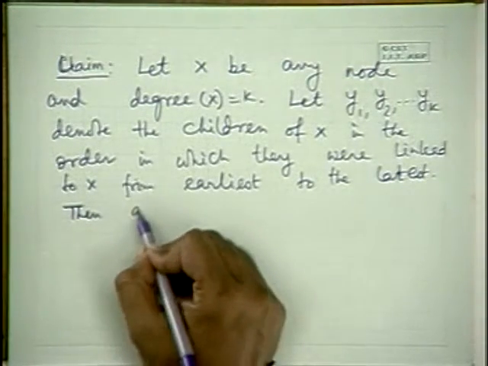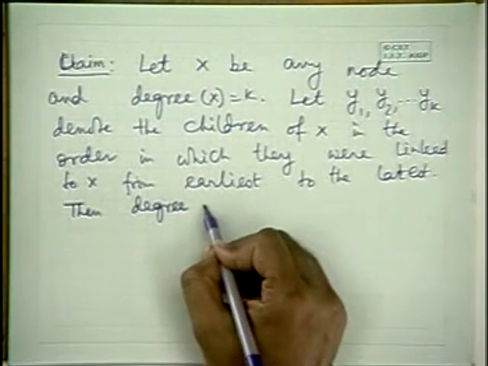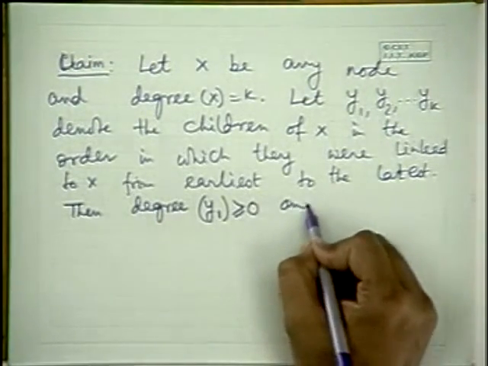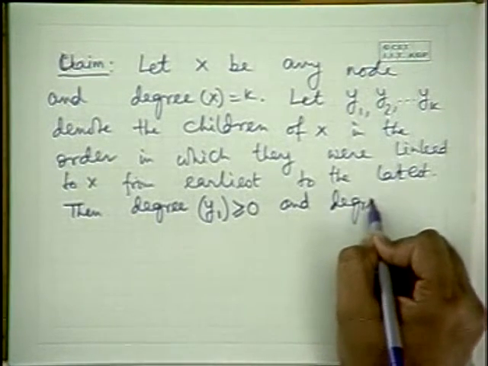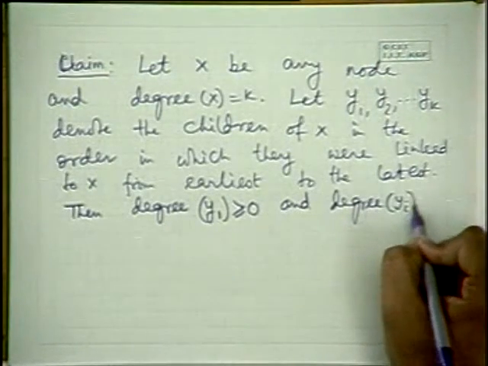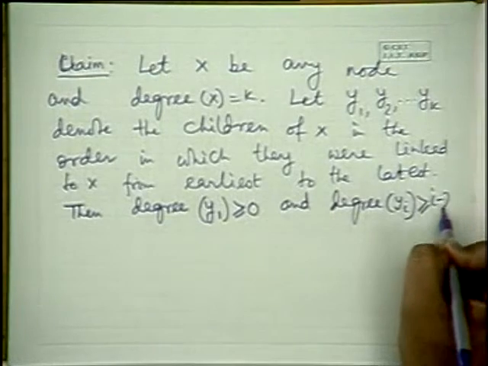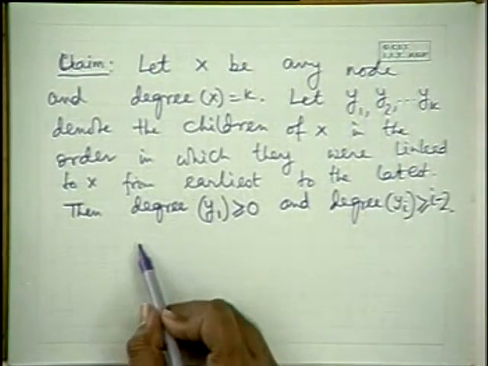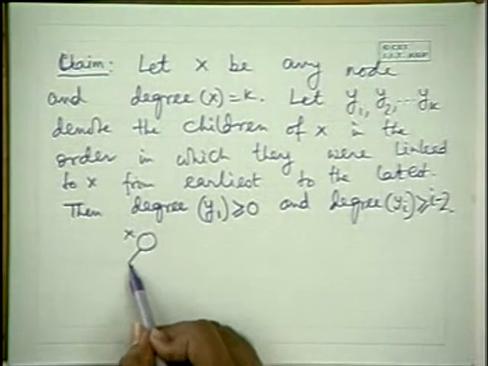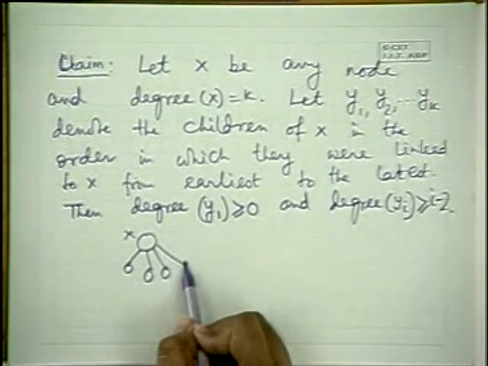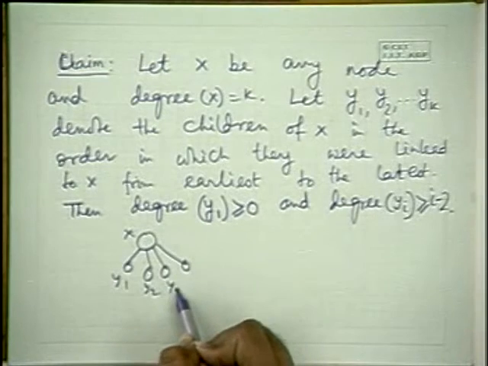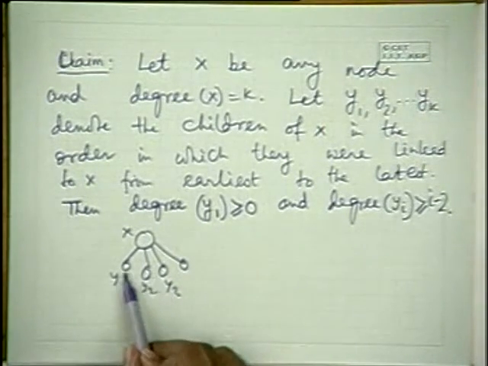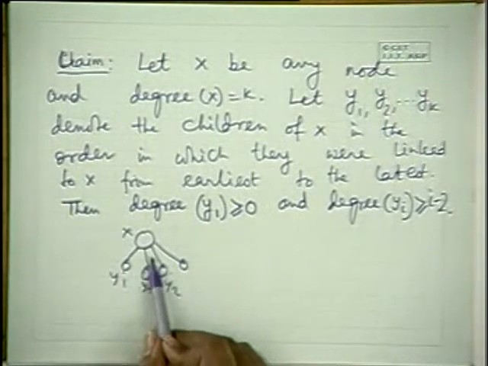Then degree of y1 must be greater than or equal to 0, and degree of yi is greater than or equal to i minus 2. So what we did? We took a node X and it has several children y1, y2, y3, and the ordering is such that y2 was linked after y1, y3 after y2.